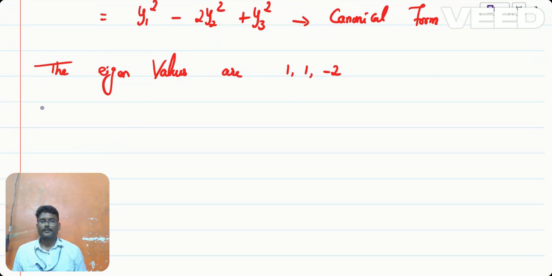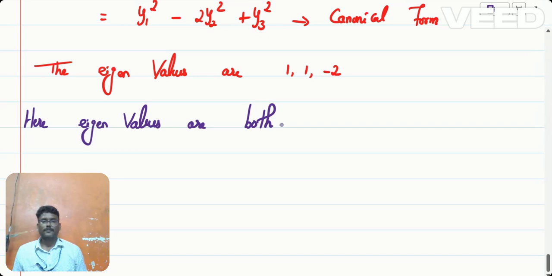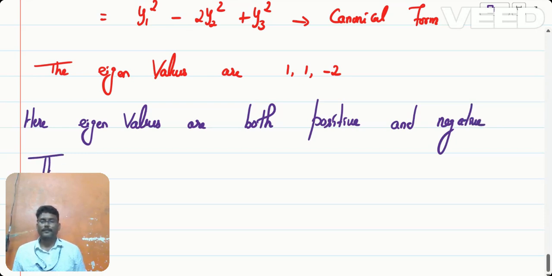Here, eigenvalues are both positive and negative. Therefore, nature is indefinite.